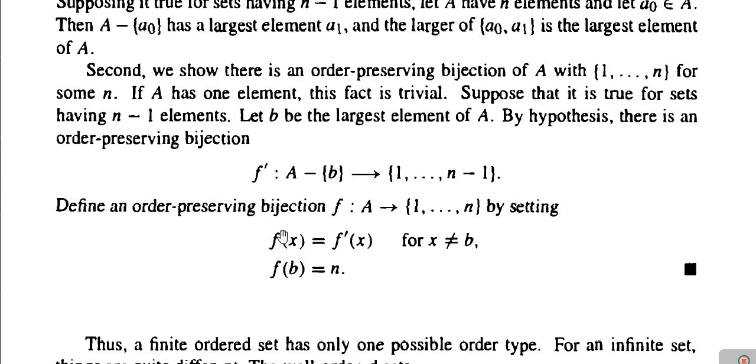Then definitely this f is an order preserving bijection from set A to the set {1, 2, ..., n}, and therefore every non-empty finite ordered set has the order type of a section {1, 2, ..., n} of Z+, and therefore it is well ordered. So in this way we have proved this theorem 10.1.